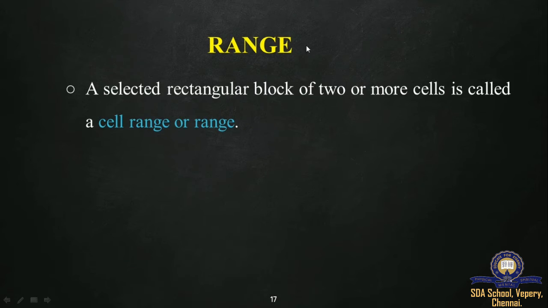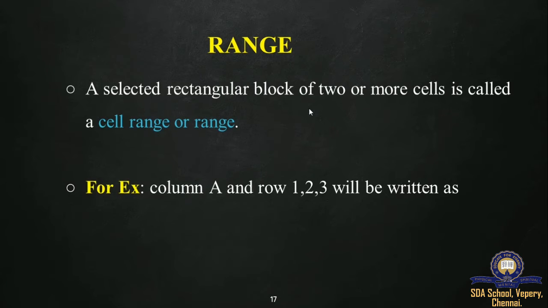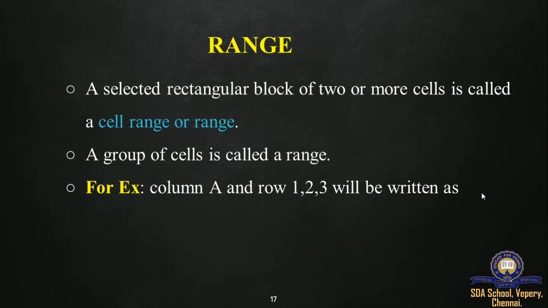Here we can call this range also a cell range. For example, let us assume column A. We are going to take column A and rows 1, 2, 3. It is a group of cells. We select column A and rows 1, 2, 3, three rows. Altogether we call this a group of cells, which we call a range.